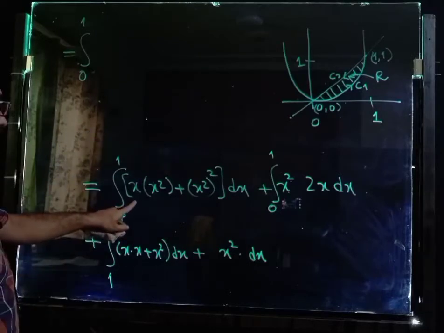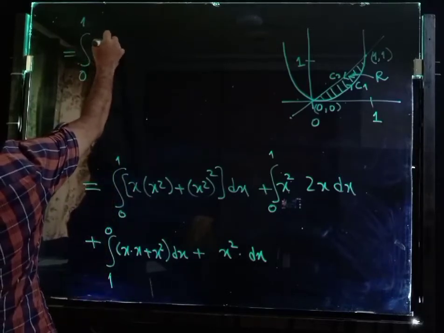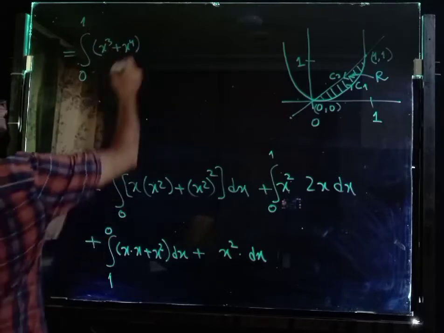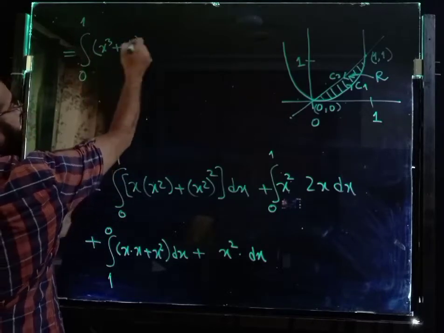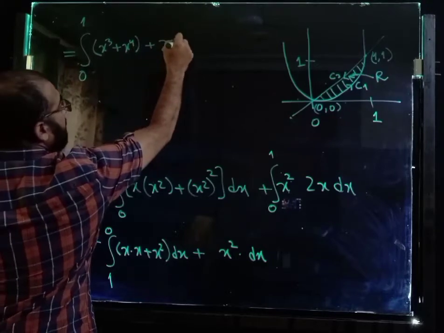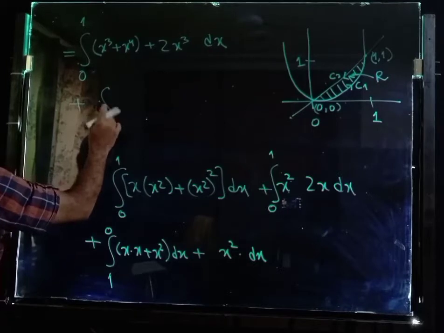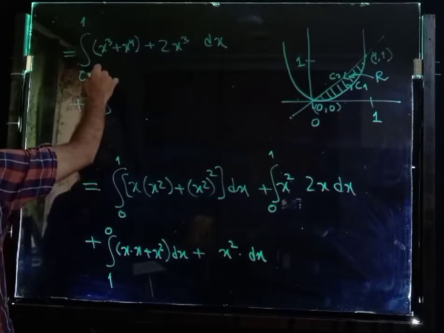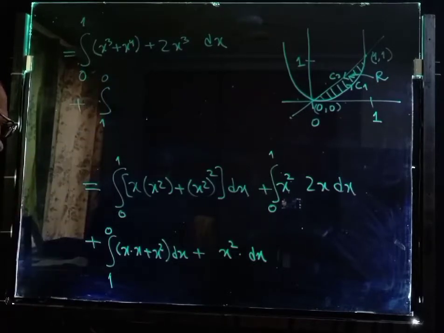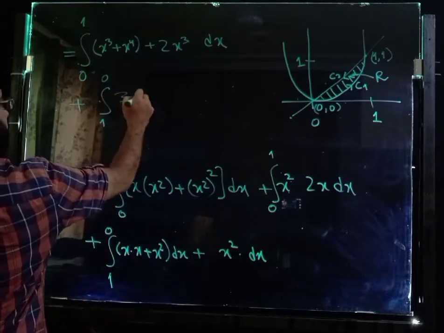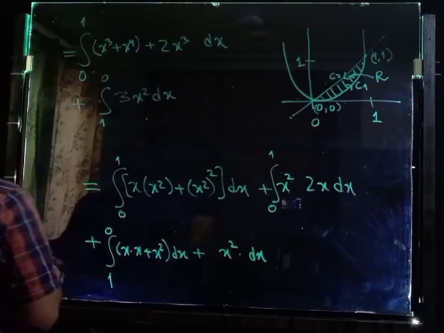From 0 to 1, x cube plus x to the power 4, 2x cube dx, from 1 to 0, 2x square and 3x square dx.